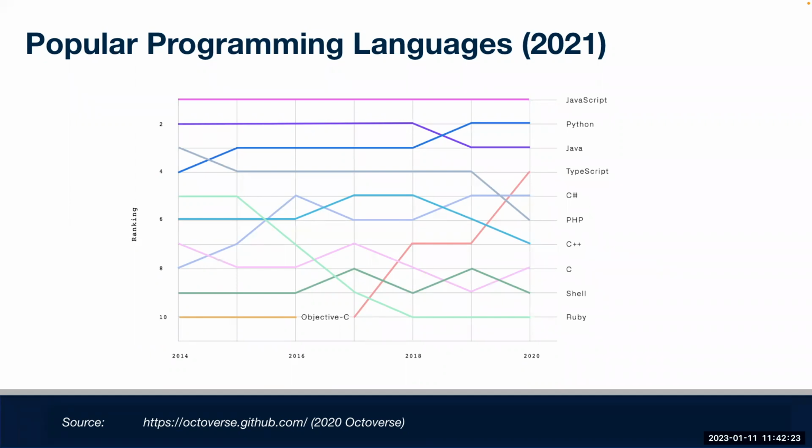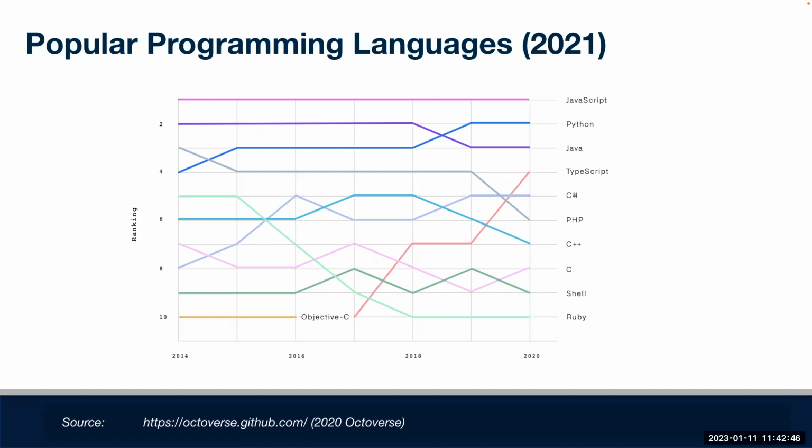Certain programming languages can be used best for certain purposes. So really when we're choosing a programming language, it's about choosing the best tool for a job. In this case, the top language, JavaScript, is only used for front-end development, like front-end applications that we could use in the browser. And so it's limited.